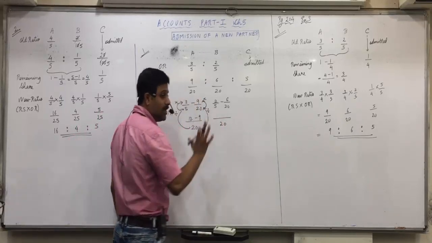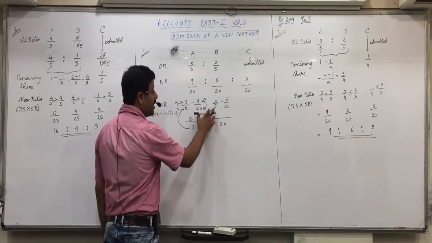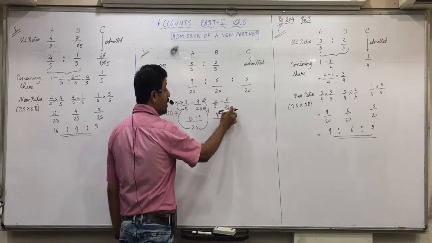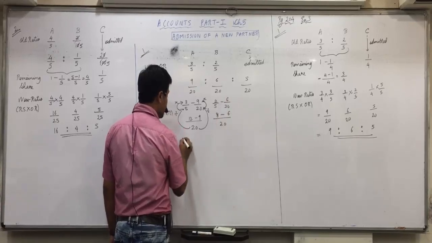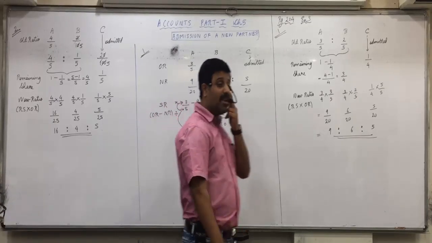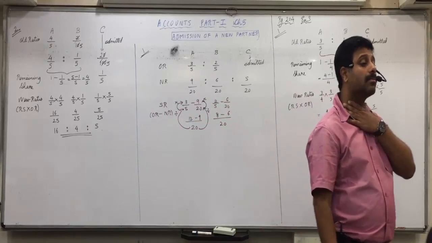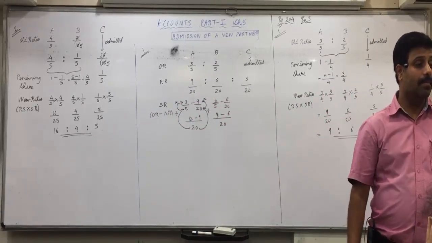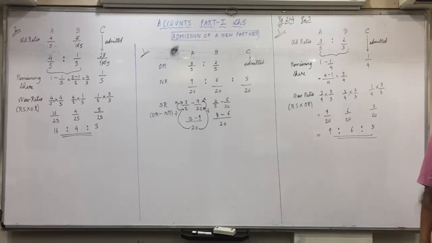Those who are not able to get the LCM concept: 20 divided by 5, 4 into 2. 20 divided by 20, into 6. Okay, how will we do this for C, Ishan? I've done it only for A and B. How will you do it for C?